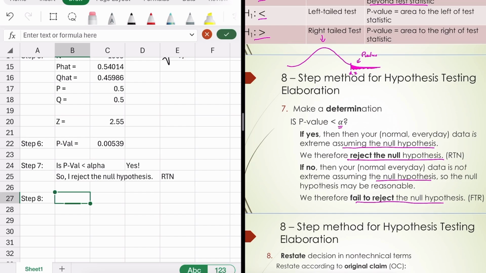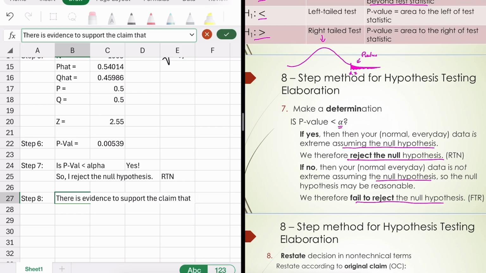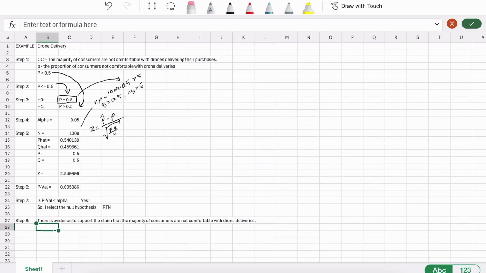Okay, and so the null hypothesis that the proportion of people who are comfortable is 50%, there is evidence to support the claim that the majority of consumers are not comfortable with drone deliveries. Great, so there's my solution.